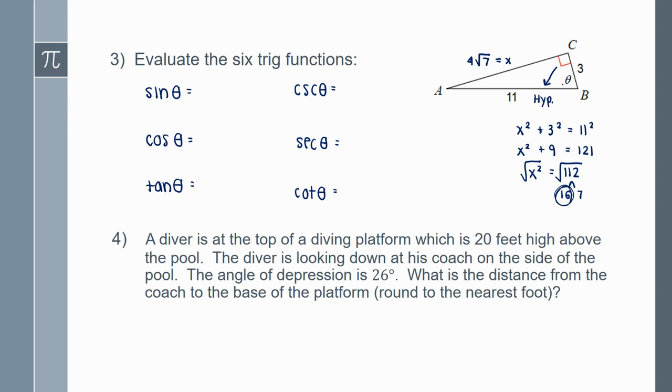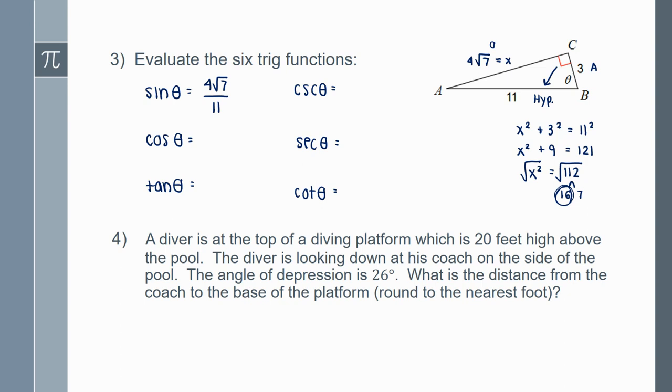Okay, so from the theta, that means that 4 root 7 is the opposite side and 3 is the adjacent side. So now that I have all that information, we can find our trig functions. Remember, thinking about SOHCAHTOA, sine is opposite, which is that 4 root 7, over the hypotenuse, which is 11.